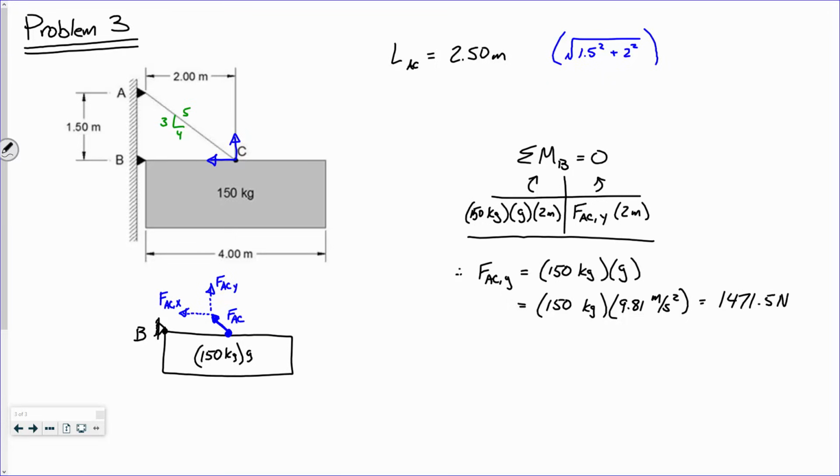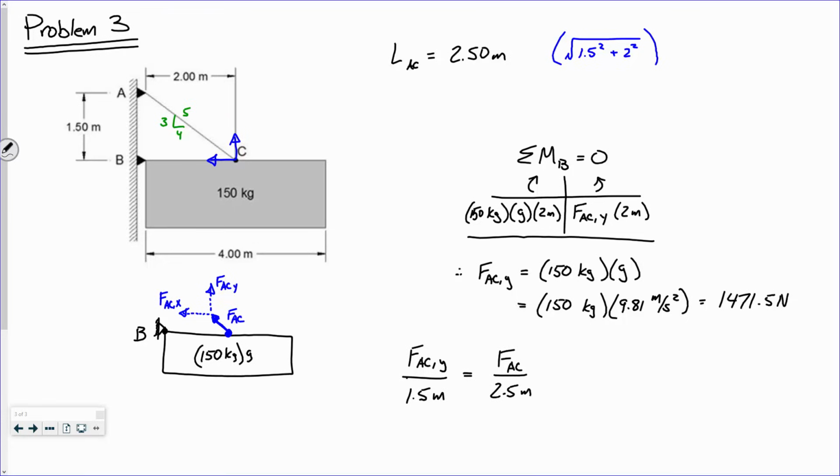Now, the reason why we computed the length of the cable as a whole is because of this. I propose that we can use a very simple slope ratio, and we can say that the y component of that force is to 1.5 meters as the resultant is to 2.5 meters.